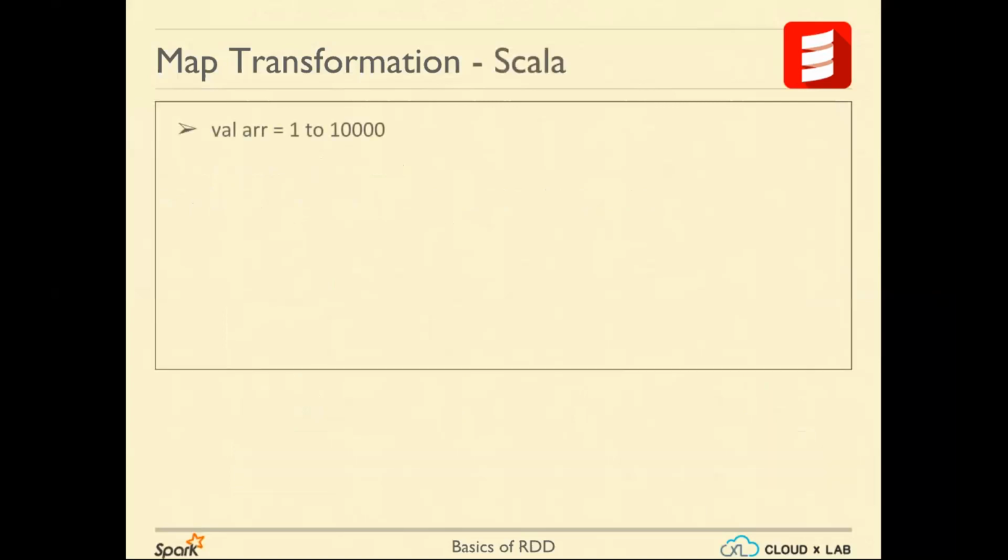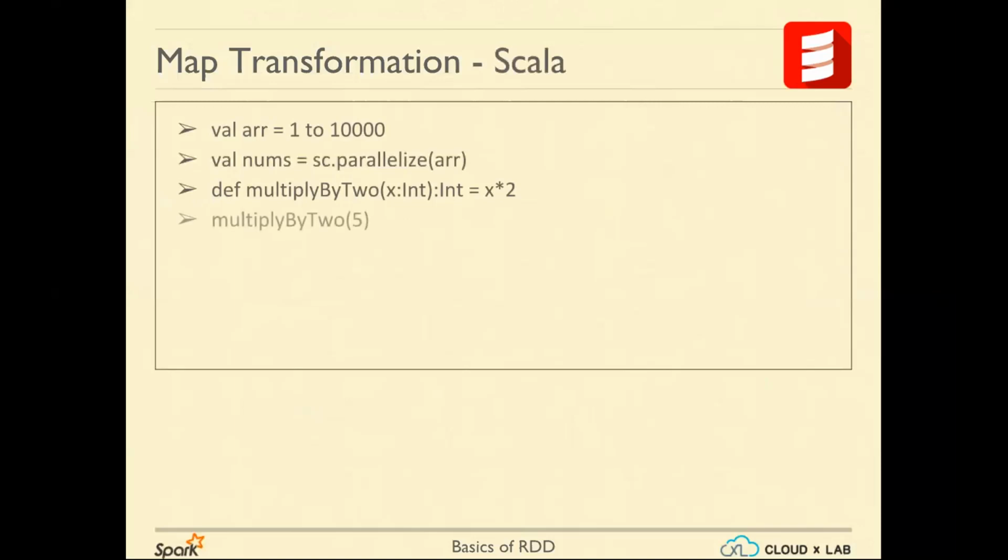Let me show you an example here. Let's say we have defined an array from 1 to 10,000, then we parallelize it, converting it into an RDD. We defined a function called multiply by 2, and then we tested the function multiply by 2, which is working fine.